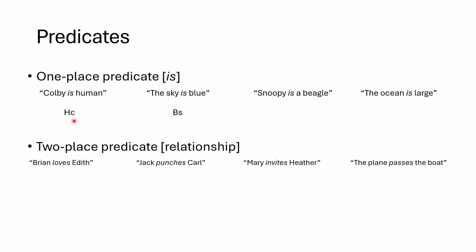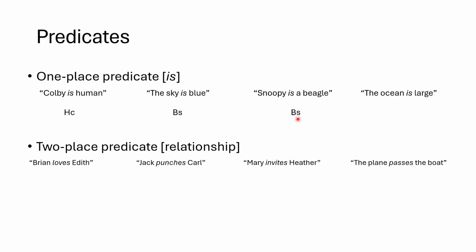And if you look at these other ones, so you have something that's blue. So the blue is the predicate. The sky is that something. So we can say that the sky is blue. Same thing with Snoopy. Snoopy is a beagle. So Snoopy is the constant. B is the category of beagle, or the predicate of beagle.